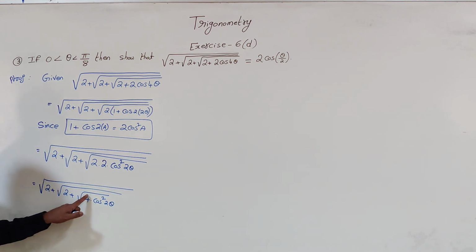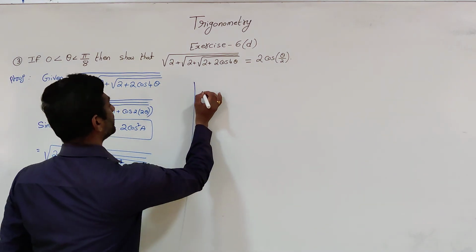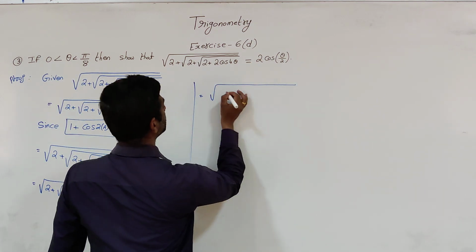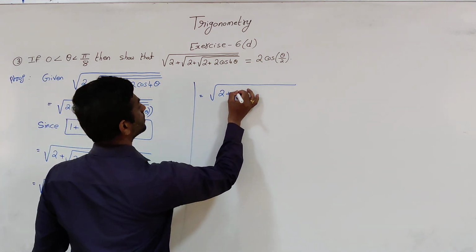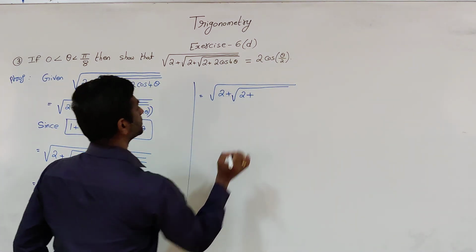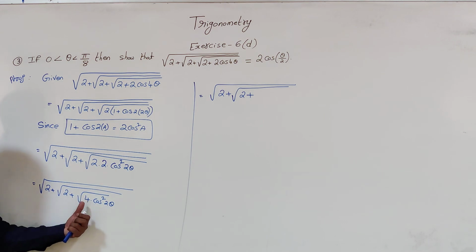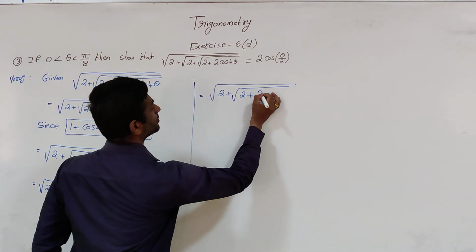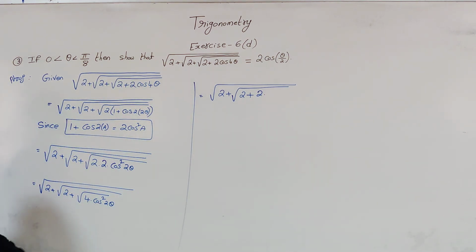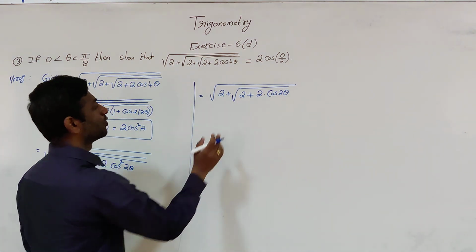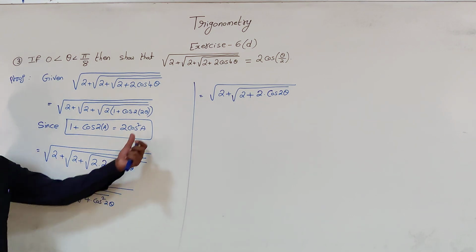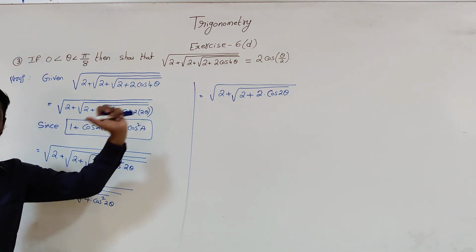Now if I remove the root, root 4 becomes 2 and square root of cos square 2 theta will be cos 2 theta itself. So now one square root is removed out of the three, and it reduces to 2.